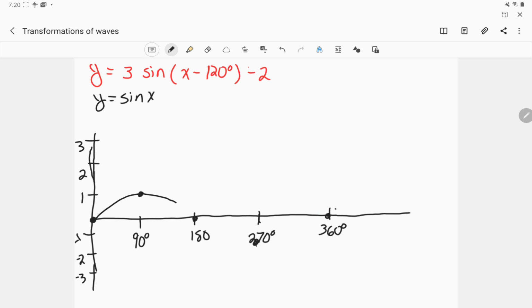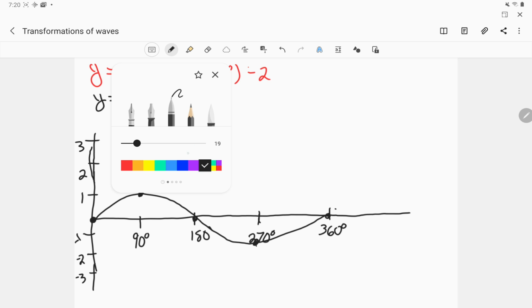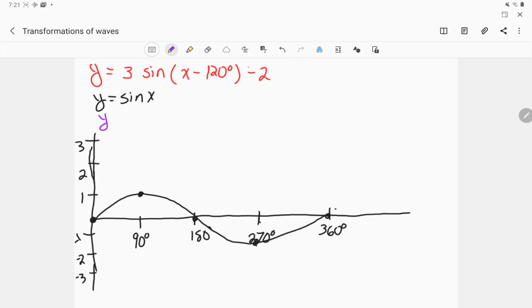So I end up with just a regular old sine wave, no biggie. Okay, so the next thing I'm going to graph, let's do it in purple, I like purple, is y is equal to 3 sine x.